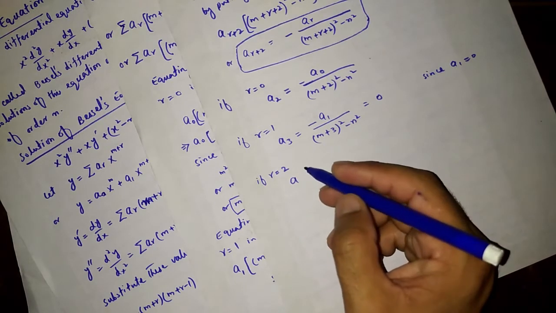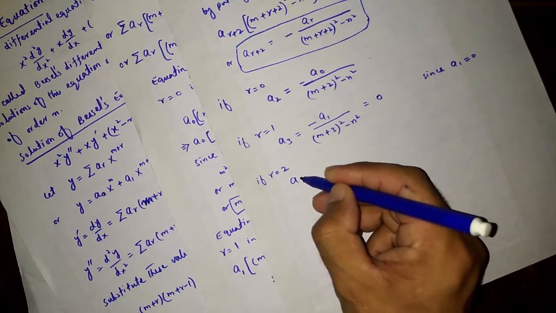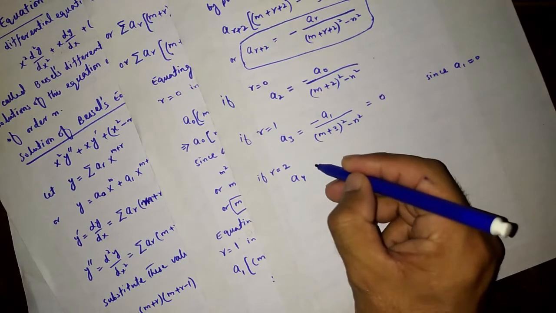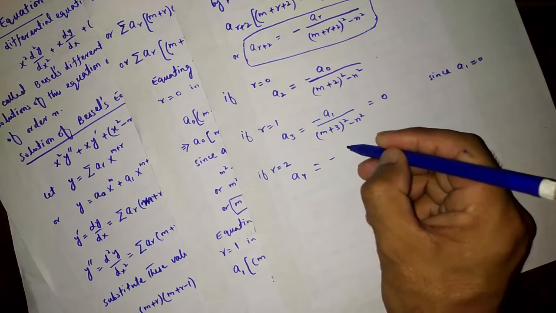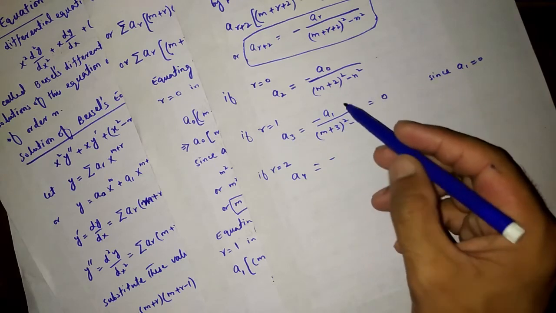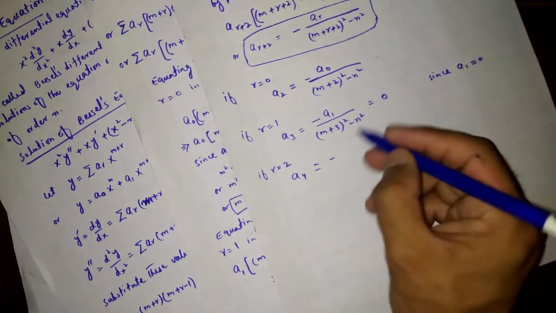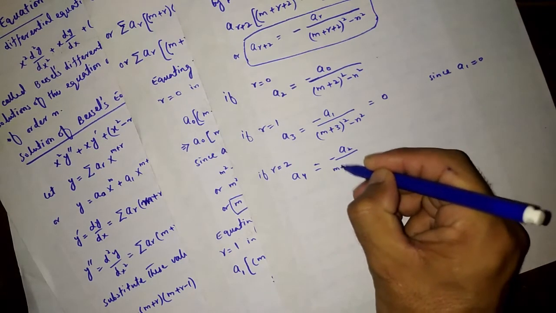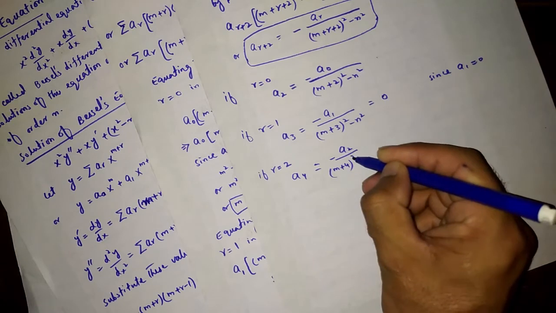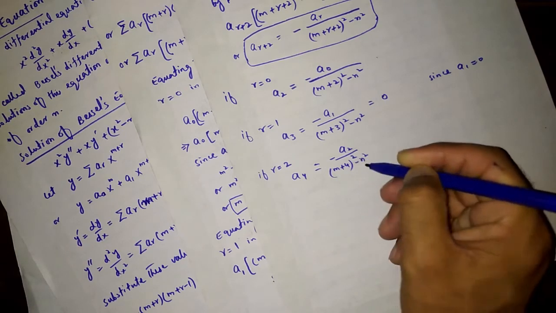a4 will be equal to minus a2 divided by m plus 4 whole square minus n square.